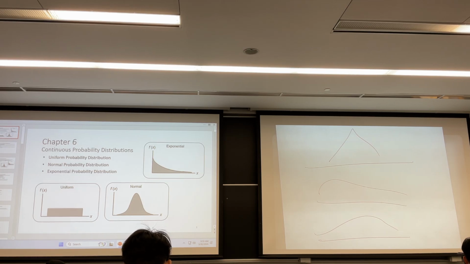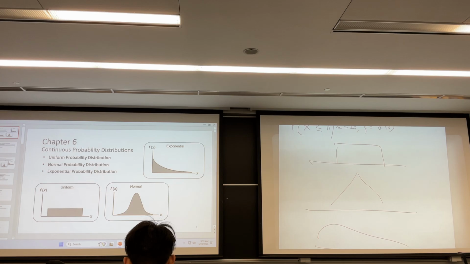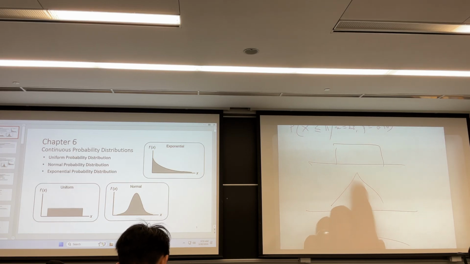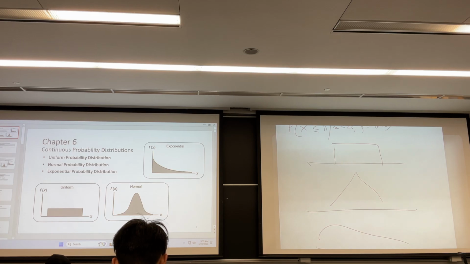But if I take a sample from this distribution, let's say sample is of size 30, this sampling distribution will be approximately normal. And that is called central limit theorem, which is going to be coming on later on.